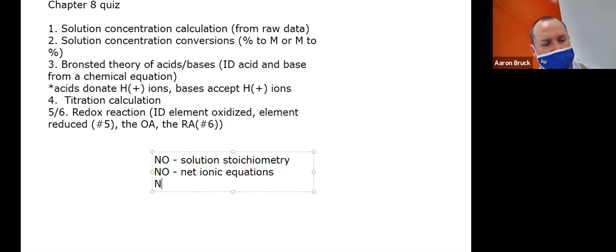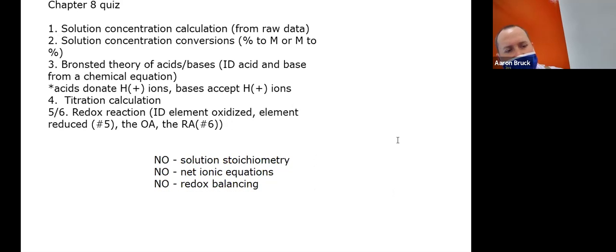There are no redox balancing questions. Now, of the concepts in chapter 8, those 3 are probably the most difficult. And that's exactly why we're leaving them off of this quiz. Not because we have a lack of faith in your abilities, but more a lack of faith in the ability to do that in a timely fashion.